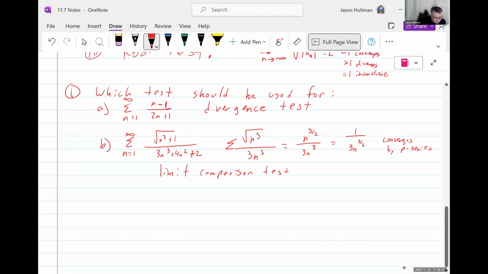C. Okay, the summation of n equals 1 to infinity of n e to the negative n squared. So this one's interesting. Any ideas what I'd want to use here? You should put the e to the something downstairs to have a positive exponent.